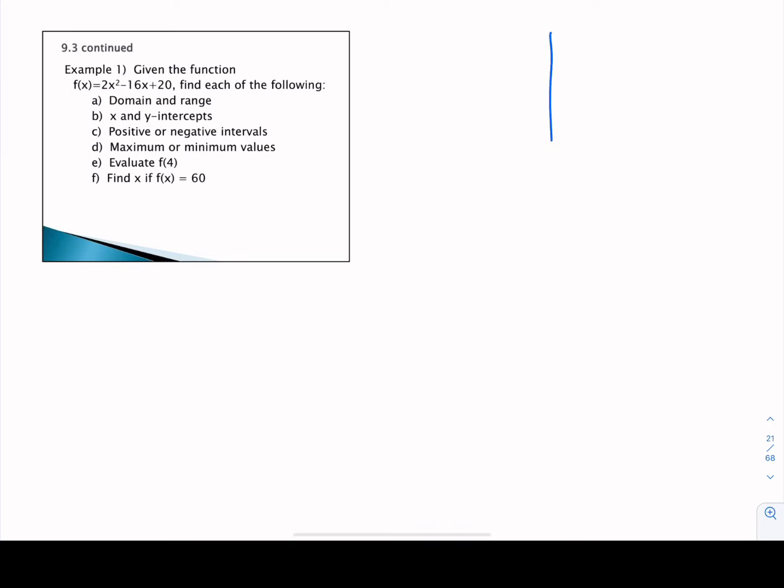So we're back at our page, and again, I'm going to create that sketch that I mentioned when we were finding all of those good points on your calculator. So our sketch looked something like this. And we knew that we had intercepts at approximately 1.60 and approximately 6.40.